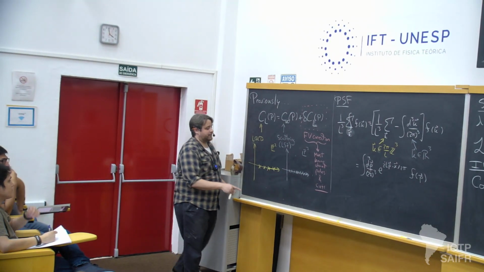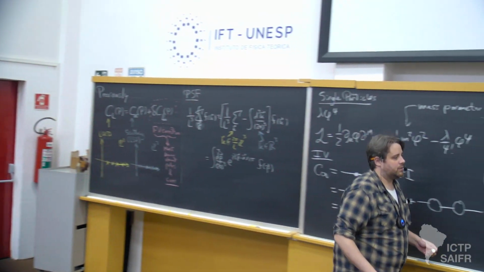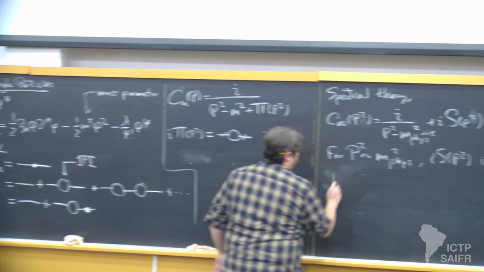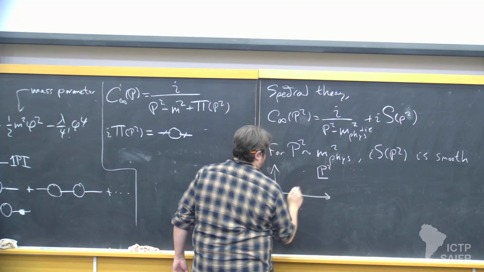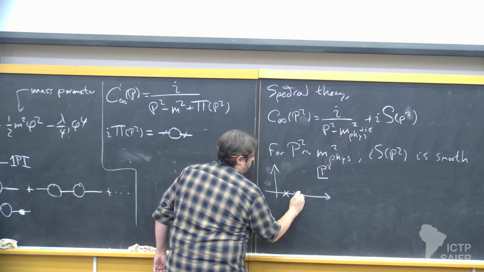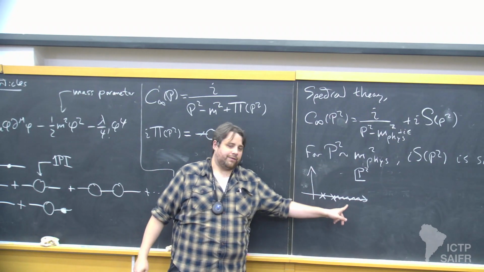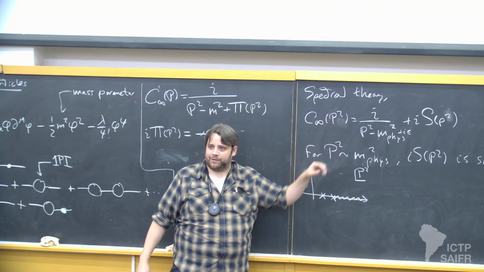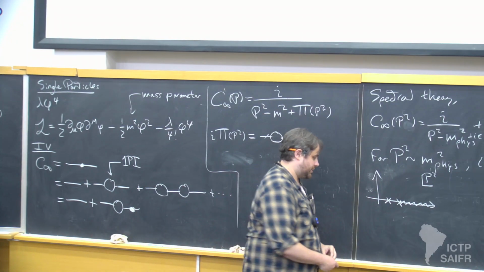So for this case here, let's say the p-squared plane for this particular theory was something like this. You have a single pole for the physical mass, and then a continuum of stuff that can happen if the energy was high enough to excite multi-particle production.